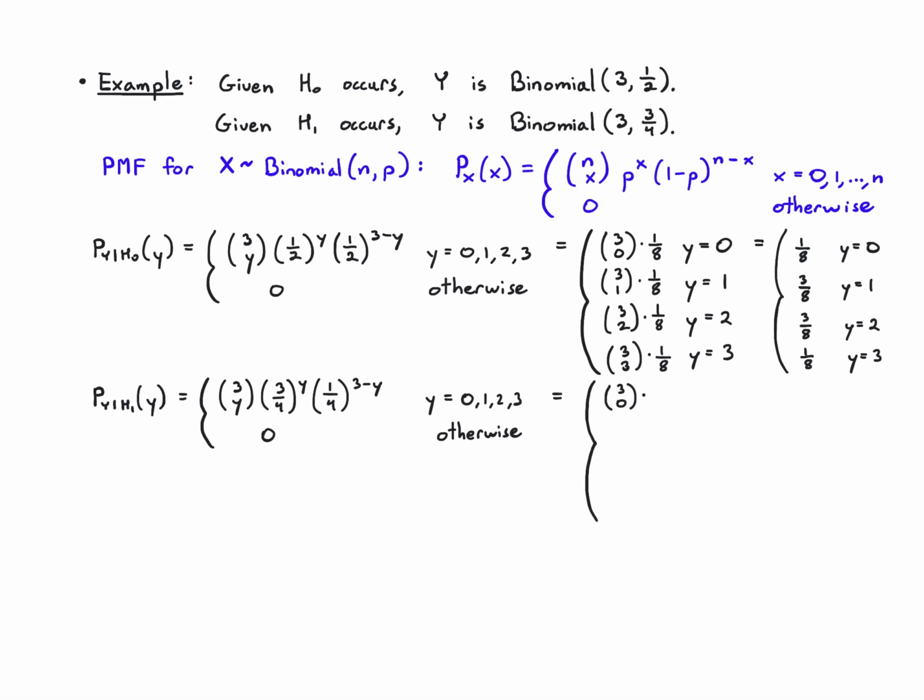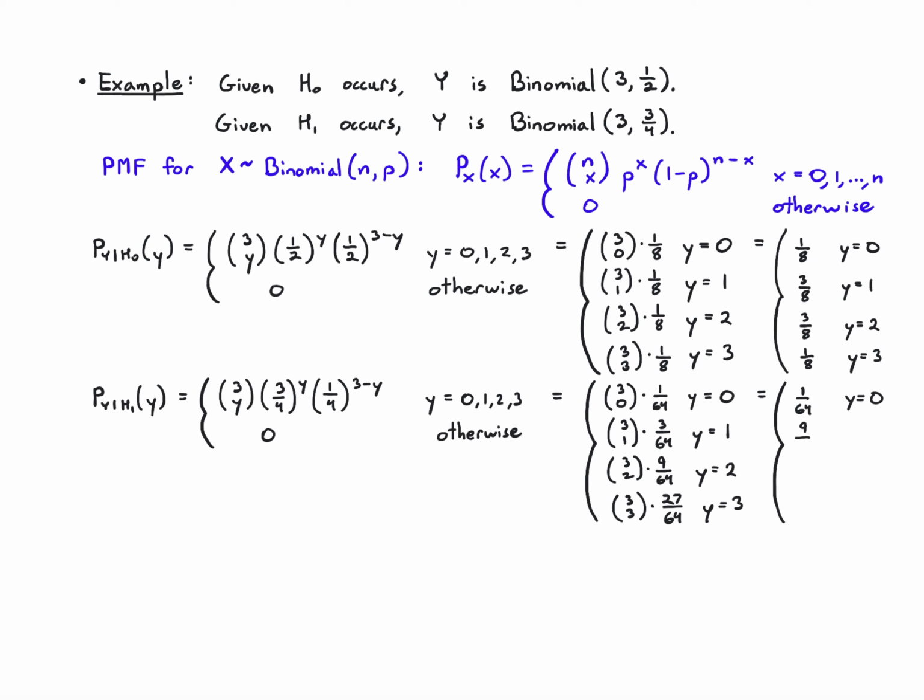I get 3 choose 0 times 1 over 64 when y is 0. 3 choose 1 times 3 over 64 when y is 1. 3 choose 2 times 9 over 64 when y is 2. 3 choose 3 times 27 over 64 when y is 3. Okay, and so that simplifies down to 1 over 64 for y equals 0, 9 over 64 for y equals 1, 27 over 64 for y equals 2, 27 over 64 for y equals 3.